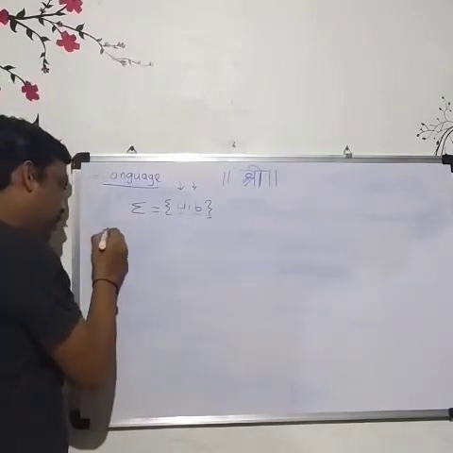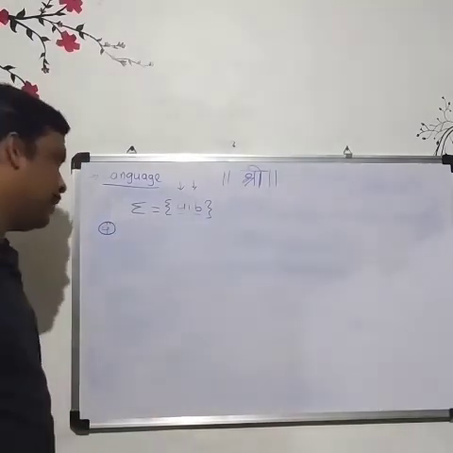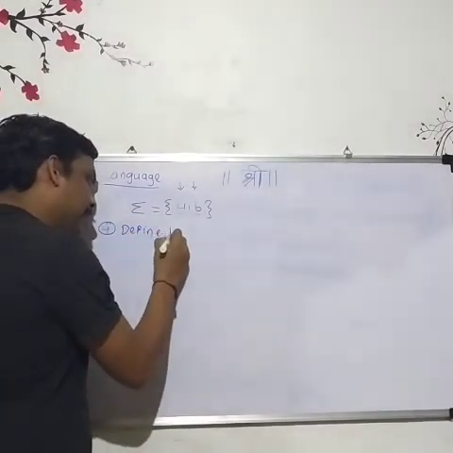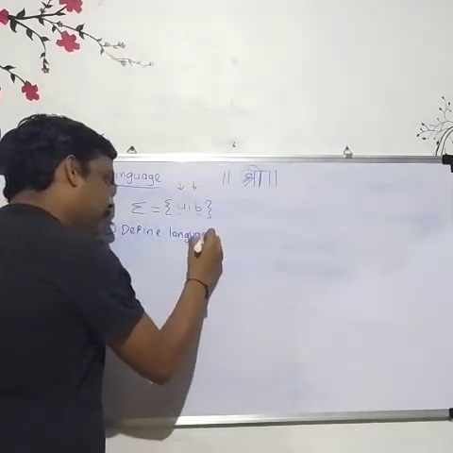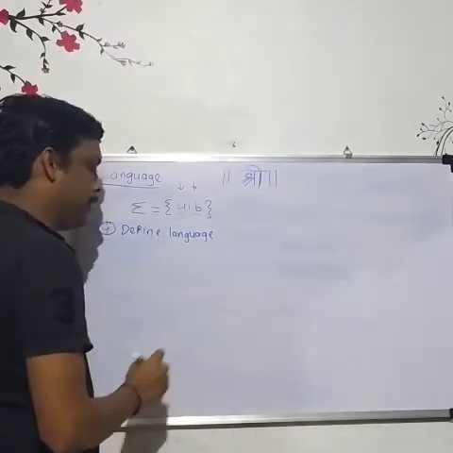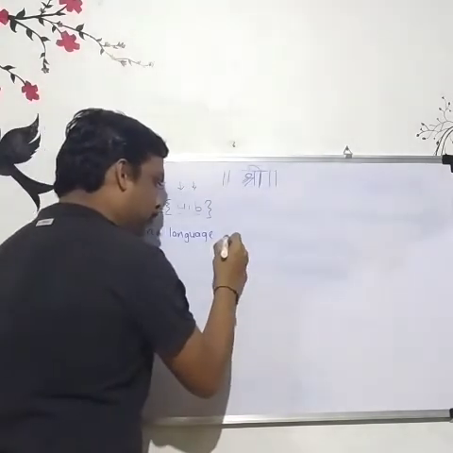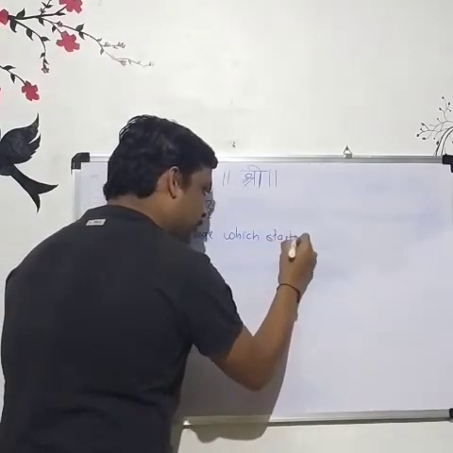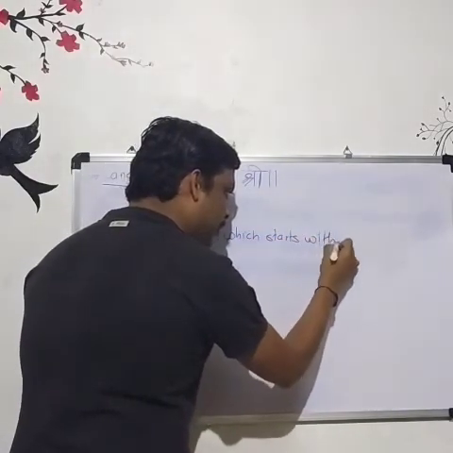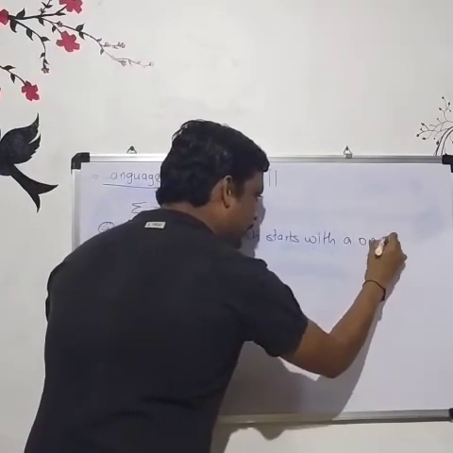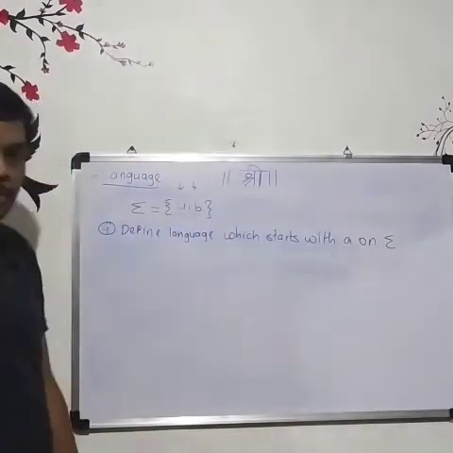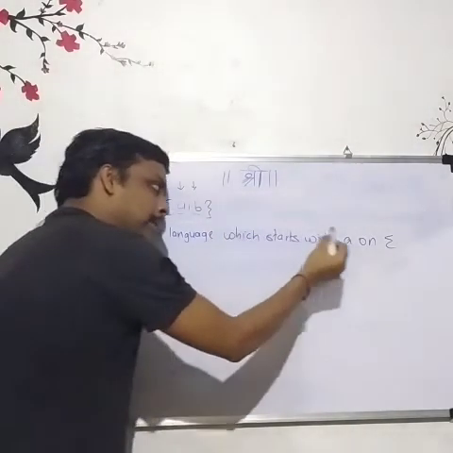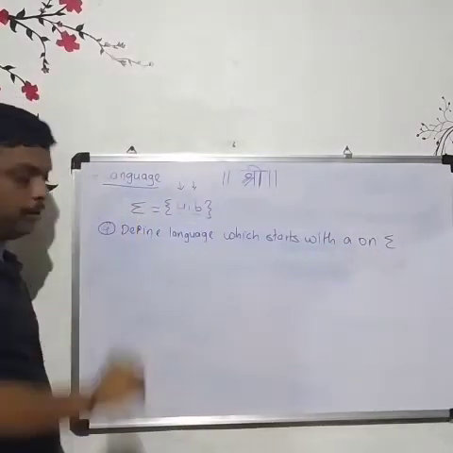Suppose question number 4 is: define language which starts with A on sigma, where sigma is A comma B. Let us read this question once again. Define language which starts with A on alphabet sigma.